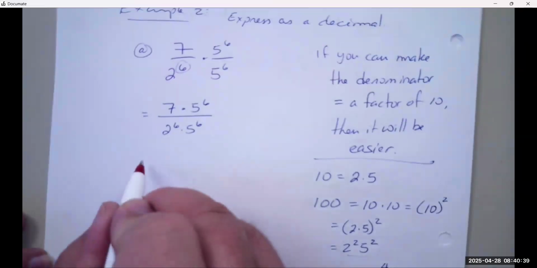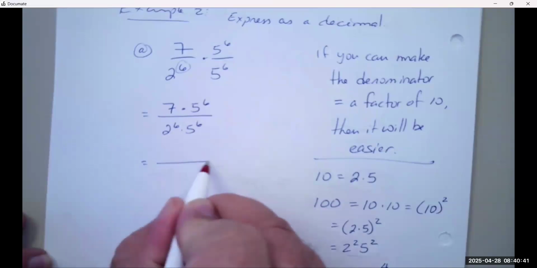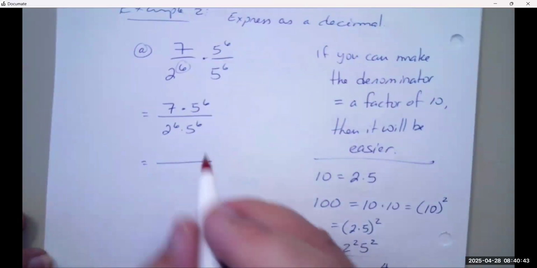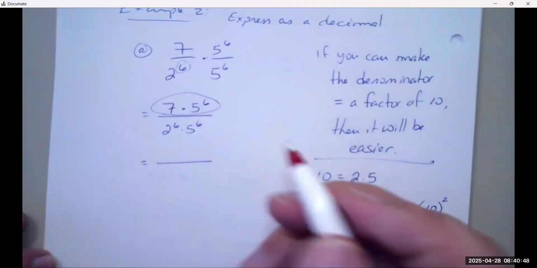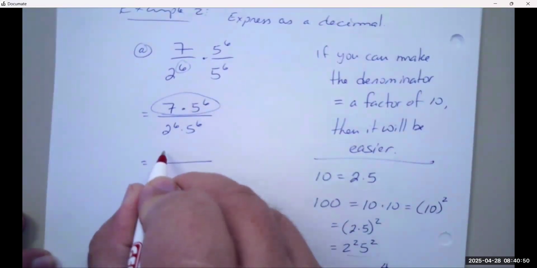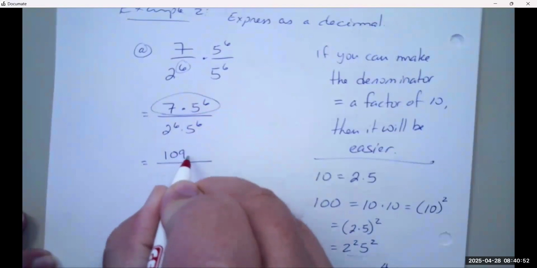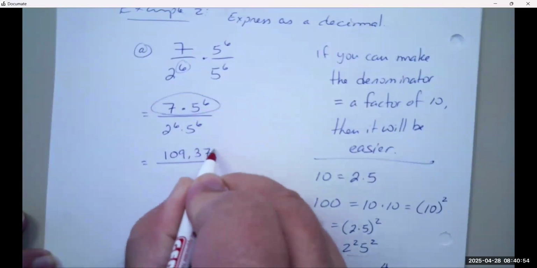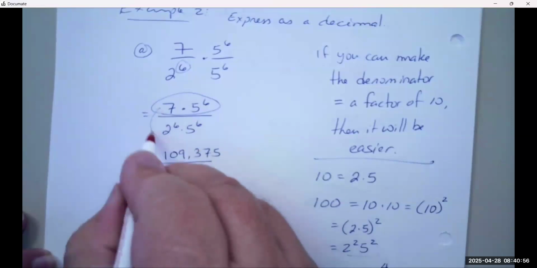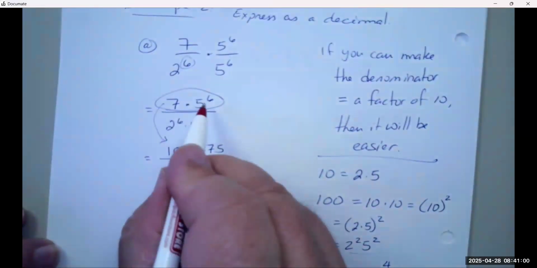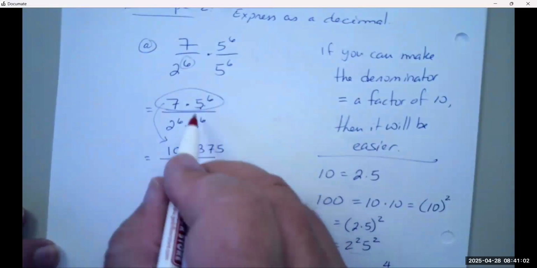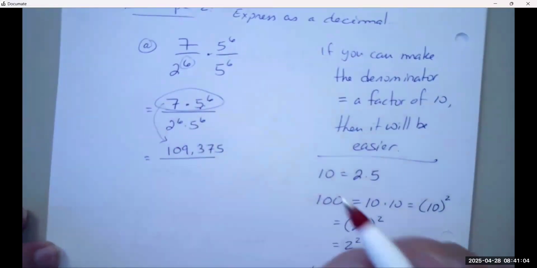So to write this as a decimal, let me see. This makes you need a calculator, so it's going to be 0.0 That's that top number. Because it's 5 times 5 times 5 times 5 times 5 times 5 times 7.